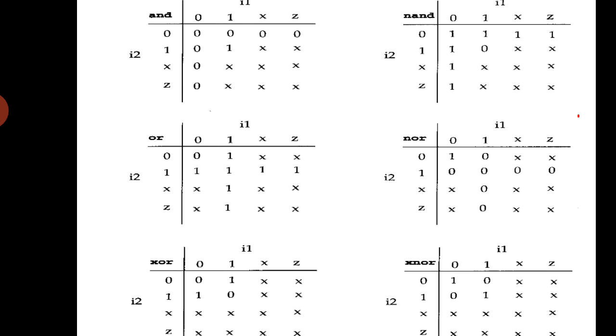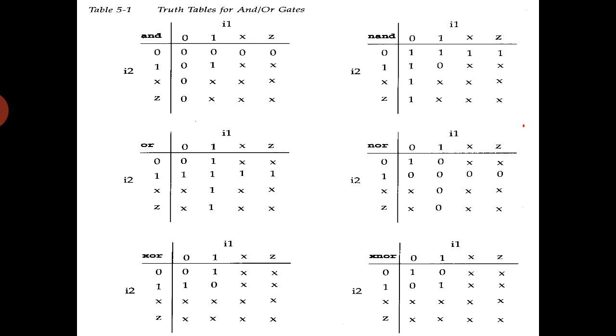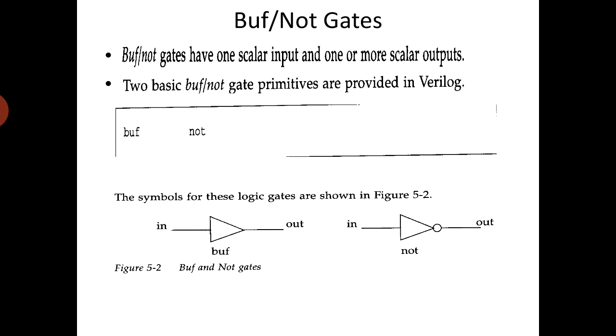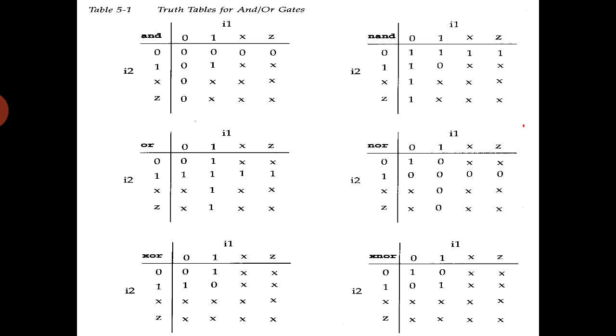Similarly for this one, if any one of the inputs is 0, the first row is 0. If you come to the second vertical line, where I1 is 1 and I2 is each of these 4 values: 1 into 0 is 0, 1 into 1 is 1, 1 into x is x, 1 into z is x. 1 into x means don't care, so it is x; we don't know.